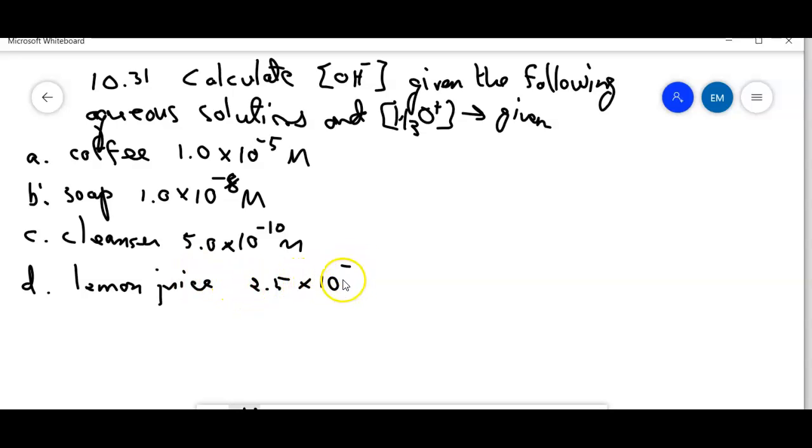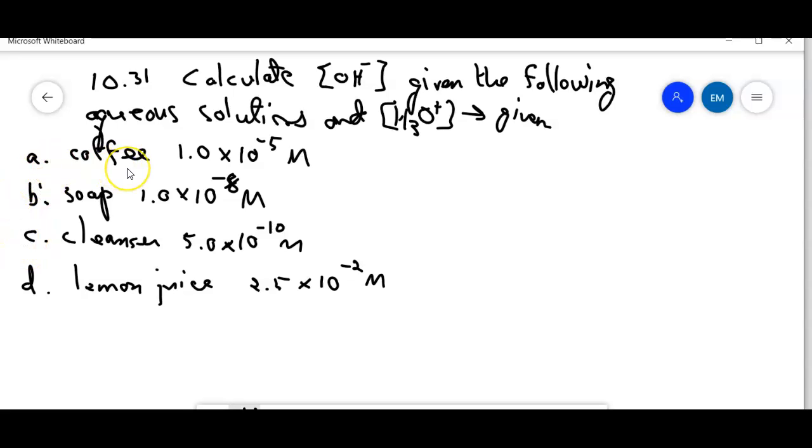That lemon juice looks like it's a little more acidic than the other one, but it's conceivable that this lemon juice is more concentrated than the other one. The other one might have been diluted a little bit.